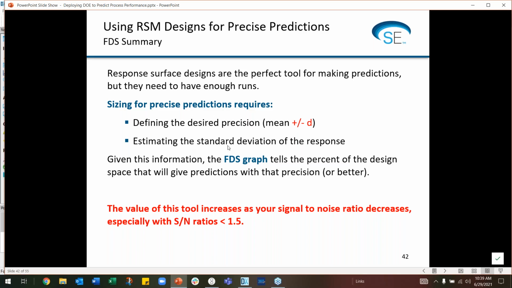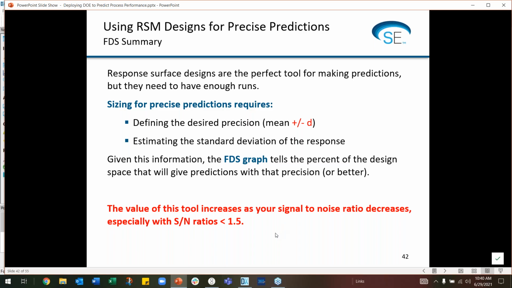And then you also need to estimate the standard deviation of the response from some historical data. If you enter this information, the FDS graph will tell the percent of the design space that will give predictions with that precision or better. And the goal is generally 80% of the design space or better.